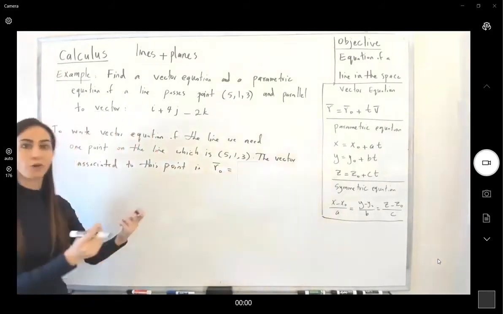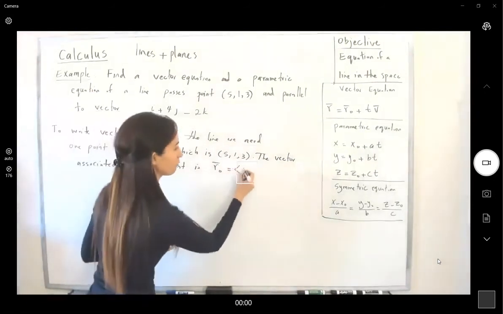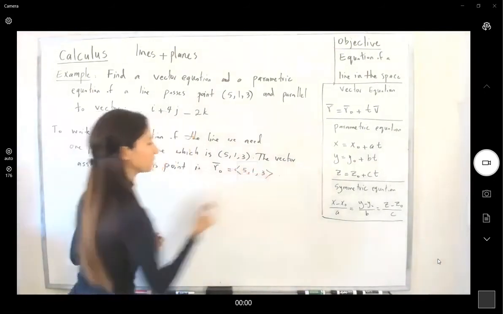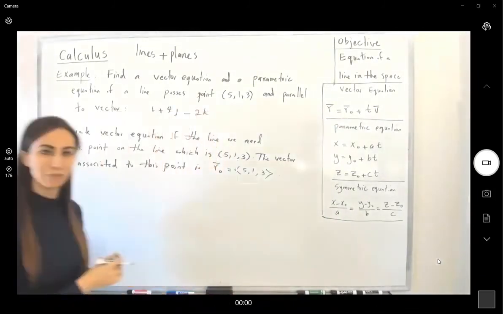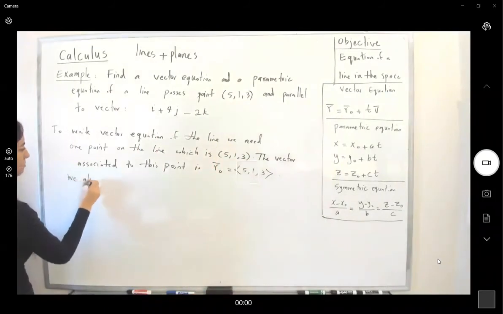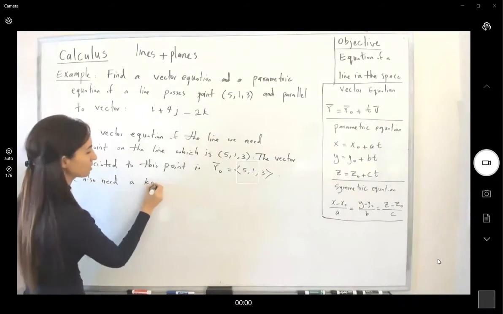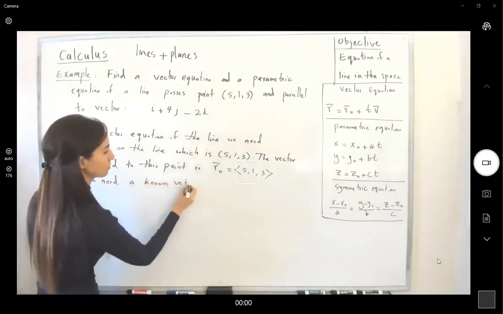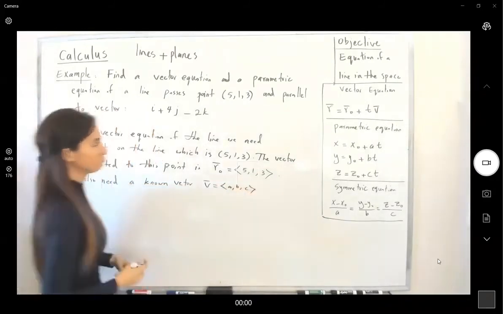Now that we are writing a vector, we use a vector symbol, 5, 1, 3. So we found r sub 0, the vector. We also need a known vector v with components a, b, c.